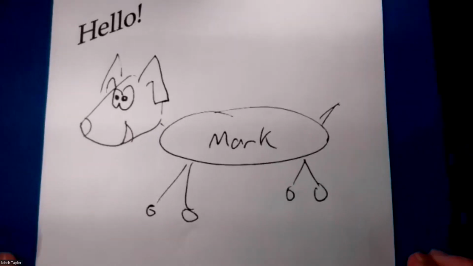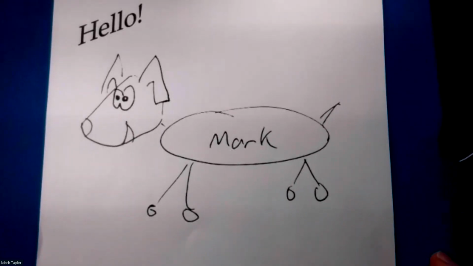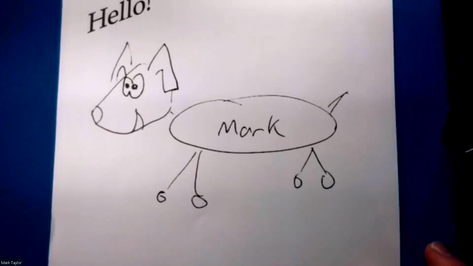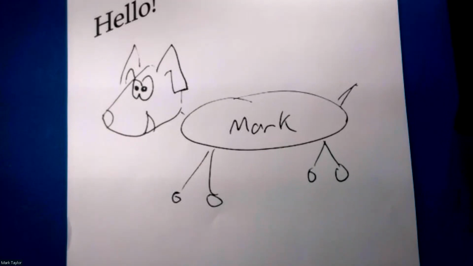Oh, little setup here got moved or something. Yeah, close enough.